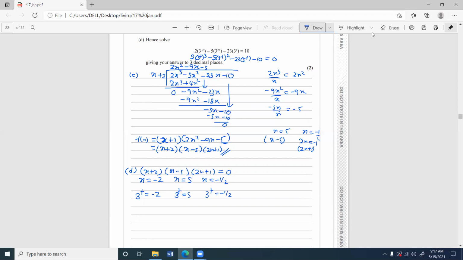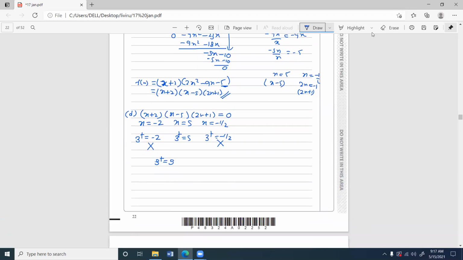So you can use logarithm for this, but for these two, you don't get any solutions. What is the reason? Because a positive number to a power cannot give a negative answer. Therefore, the only solution we can get here is 3 to the power t equals 5. To solve this, you can use the logarithm. So you can say log 10 of 3 to the power t equals log 10 of 5.